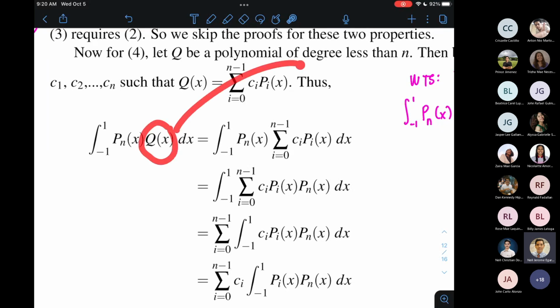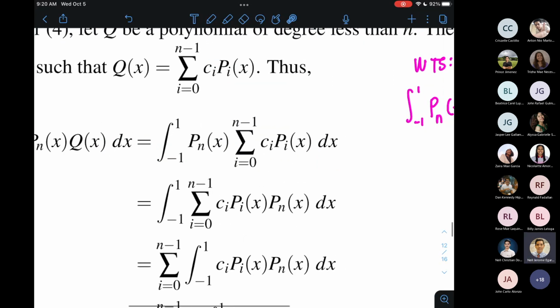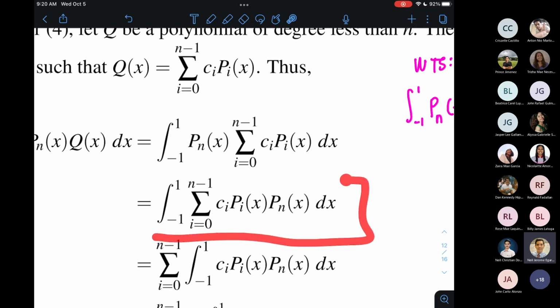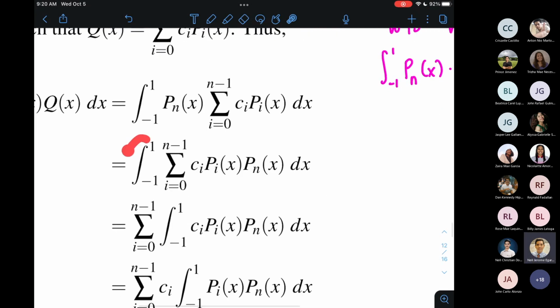So for Q, I will just use its representation in terms of the Legendre polynomials. Okay? Then P sub n, because it is independent of i, can simply enter inside the summation. Agree? So this is like a constant with respect to i, so it can simply enter the summation. Alright? So that is what happened in the next line. I just put P sub n inside the summation.